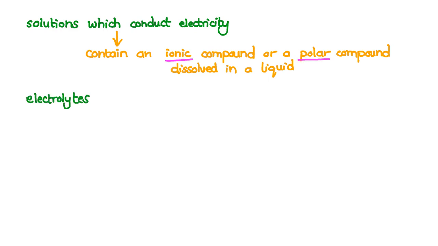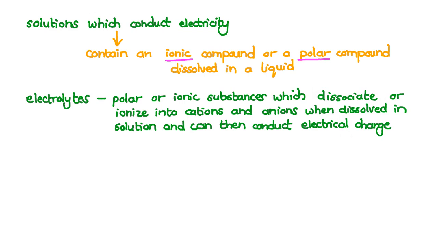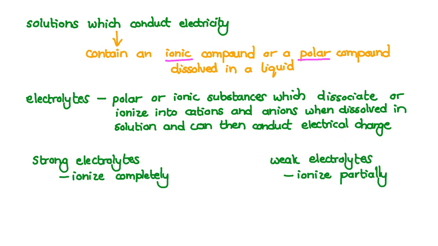We call these compounds electrolytes. Electrolytes are polar or ionic substances which dissociate or ionize into cations and anions when dissolved in solution and can therefore conduct electrical charge. A strong electrolyte will ionize or dissociate completely, while a weak electrolyte only ionizes partially.